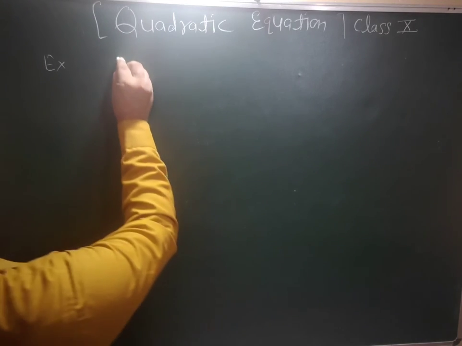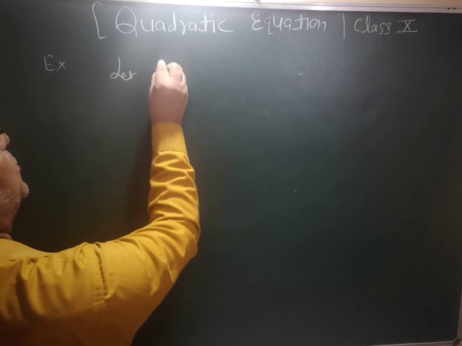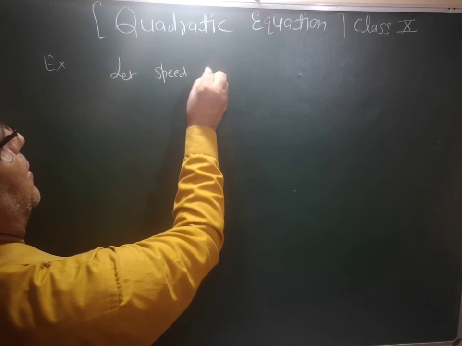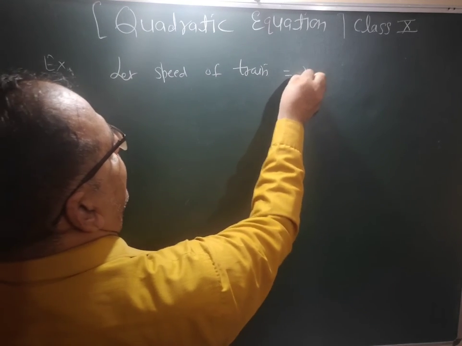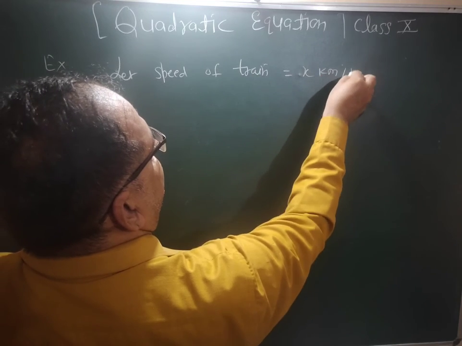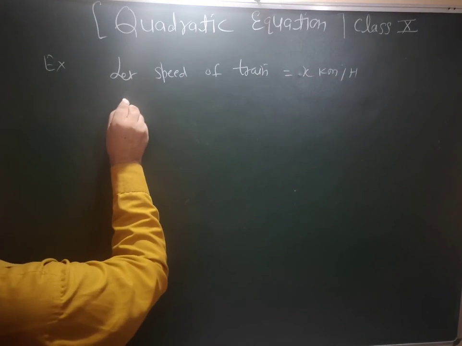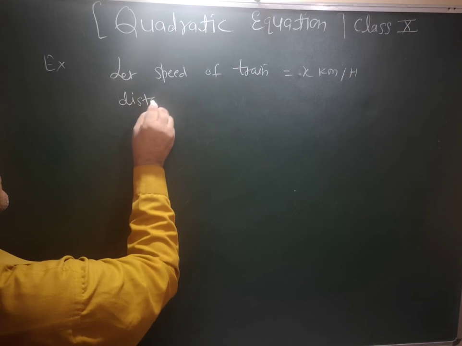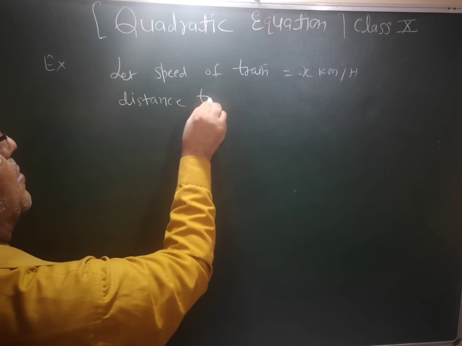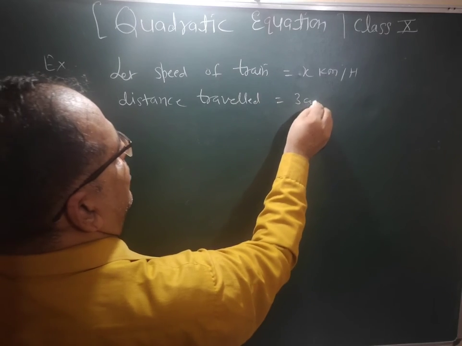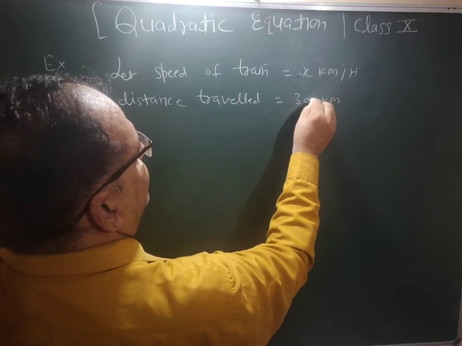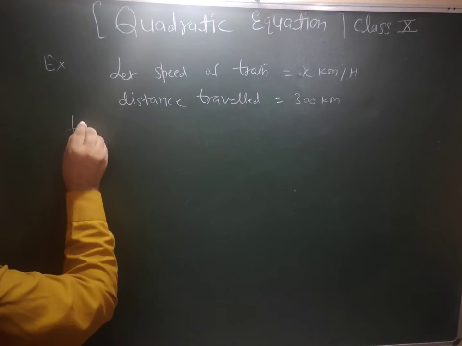So let the speed of the train be x kilometer per hour, and the distance traveled 300 kilometer.